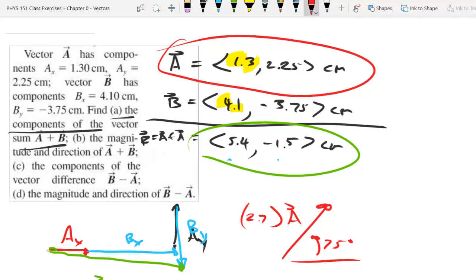If it was given this way, with a magnitude and an angle, first I would resolve it into components to get these, then I would add it together. I have to break it up into components first before you can add them together algebraically.